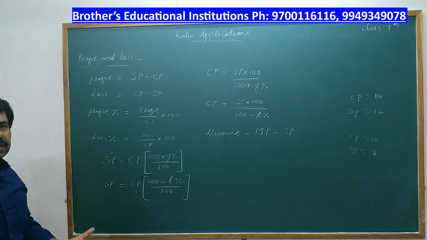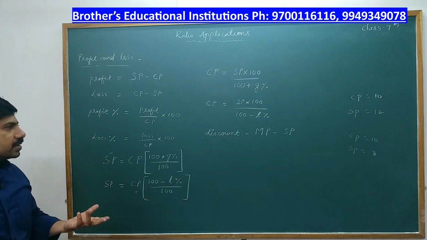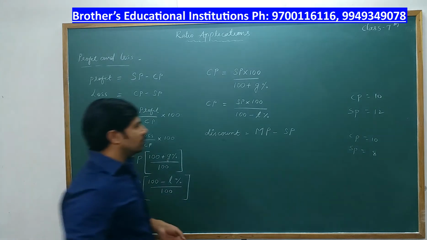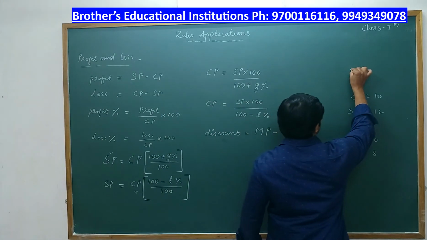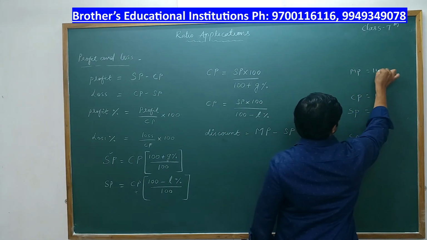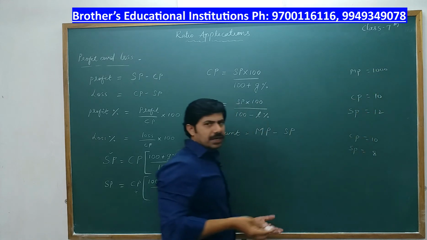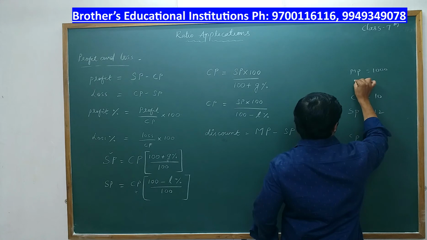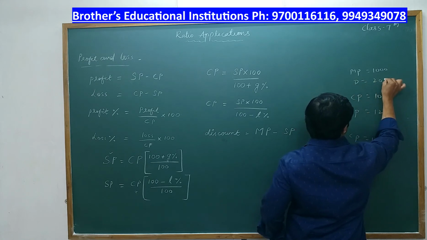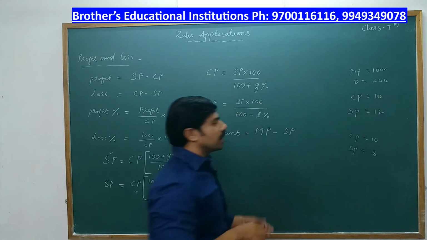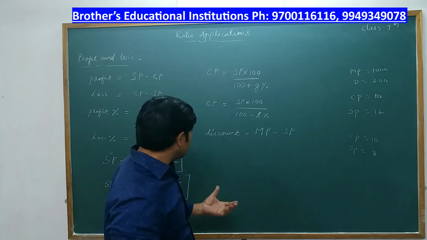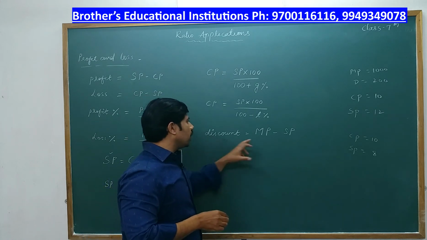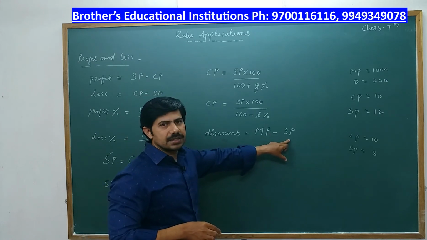Then after that, discount. Discount is nothing but marked price minus selling price. Suppose you are purchasing a shirt. Suppose the marked price on the shirt is 1000 rupees. The shopkeeper gives a discount of 200 rupees. Then what is the selling price? It is 800 rupees. So here we can calculate the discount by using marked price minus selling price.